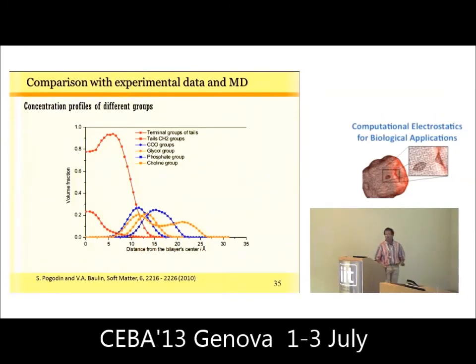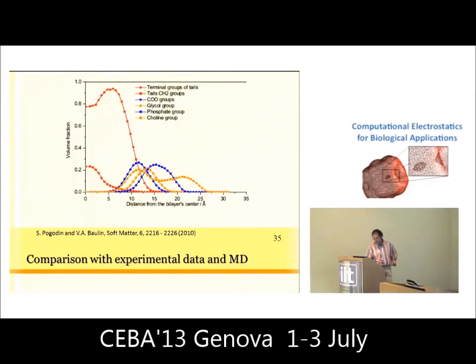And this is the performance of this model. We have the concentration, the position of each group of the lipid molecule, CO, COH, and then we can see the distance from the center of the bilayer. So we can compare this information directly with molecular dynamics and real experimental data from neutron scattering.